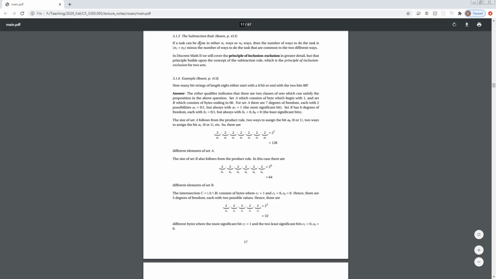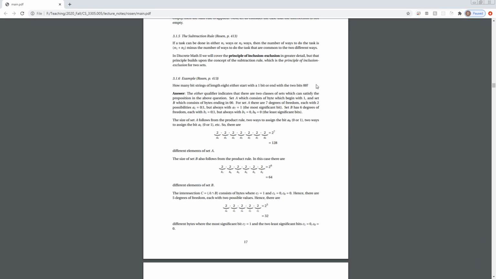Whereas before, with the subtraction rule, it's not just adding up all of the numbers that start with a 1 and all of the numbers that end with 2 zeros to get the answer. We have to correct for the number of outcomes that were in both sets. So we have to subtract the intersection of these two.